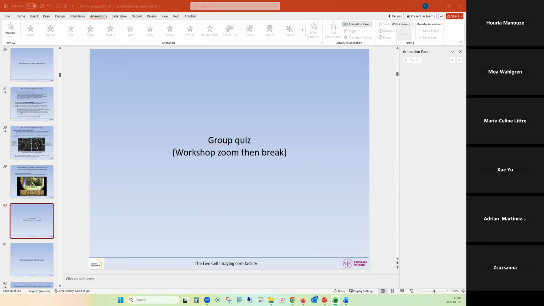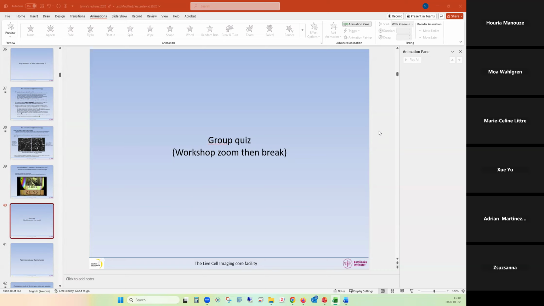I've got a question. Yes. So you said to use as little mounting medium as possible. How do you know the compromise between using as little as possible and avoiding that the sample dries out? Yes, absolutely. We need to have enough mounting medium to cover the sample completely.